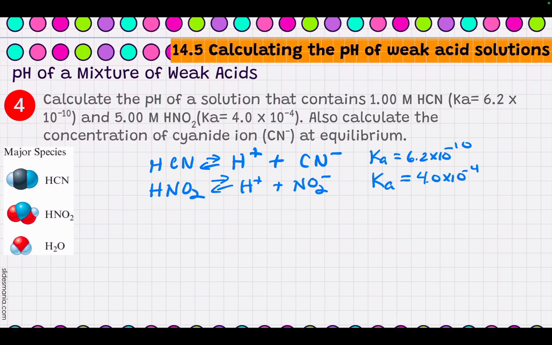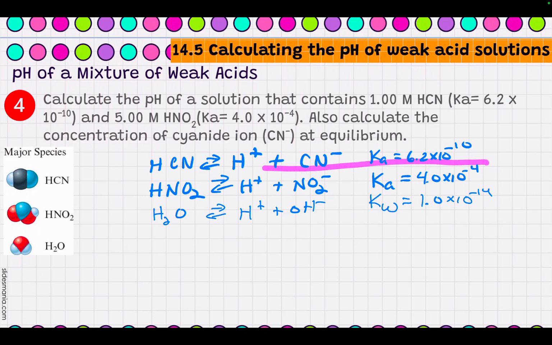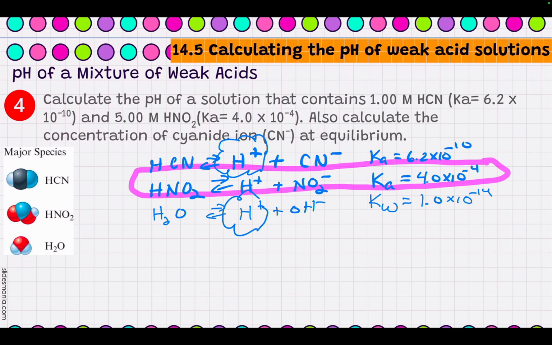You can always look these up if you haven't been given them. And then we know we have the autoionization of the water. So I am going to pick this nitrous acid as my major contributor of hydrogen ions, the one that is controlling the pH. So that means the hydrogen that's coming from the hydrocyanic acid and the water are negligible.